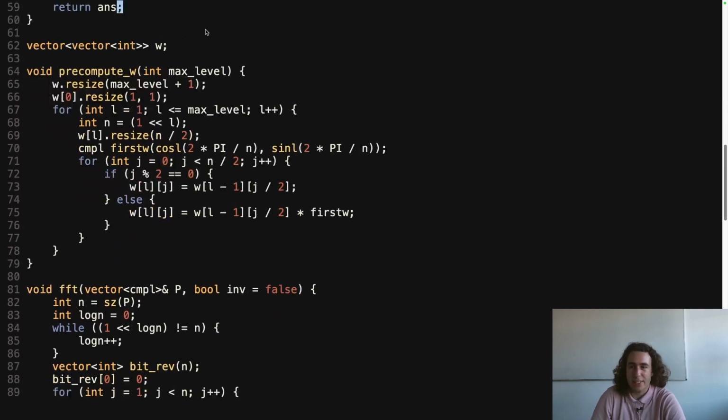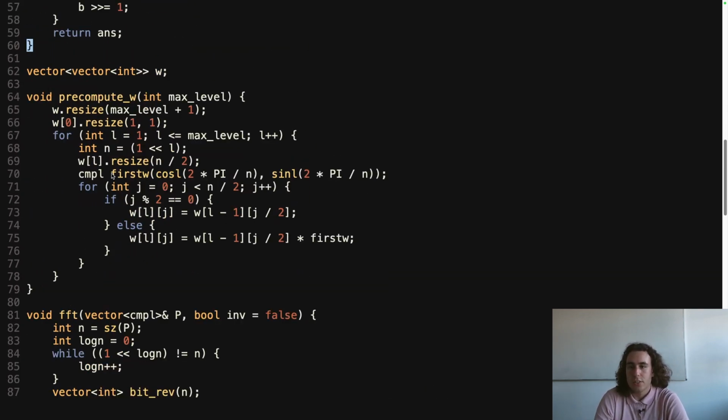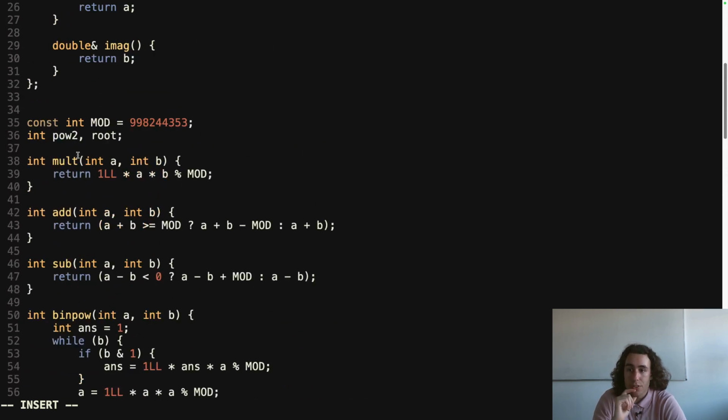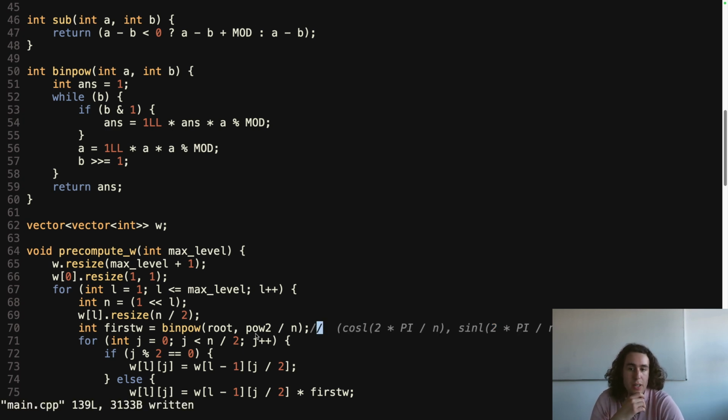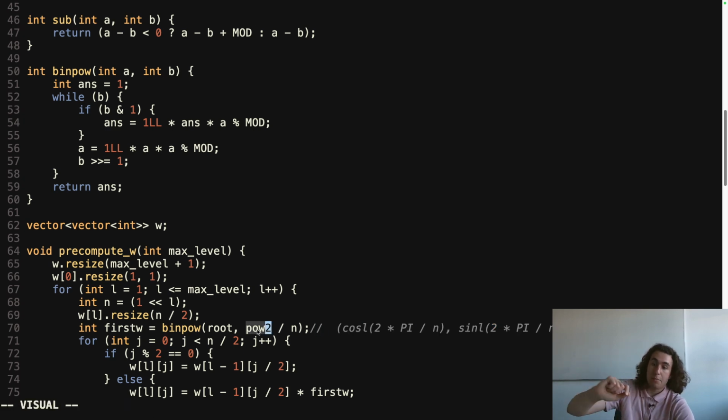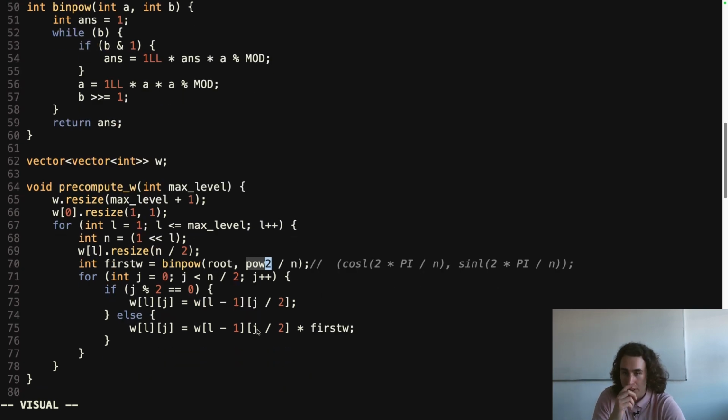So it still makes sense to pre-compute these. So our first W is going to be the primitive root of the power n, right? We have a primitive root of the power pow2. So as I said, we need to take this root to a power of pow2 over n, right? If we would take it to the power of pow2, this would be the first time it hits 1, but we divide by n, so this is a root of the nth power.